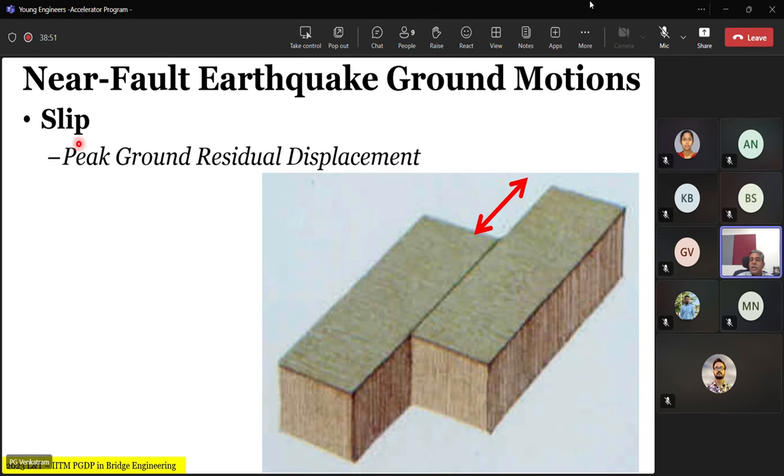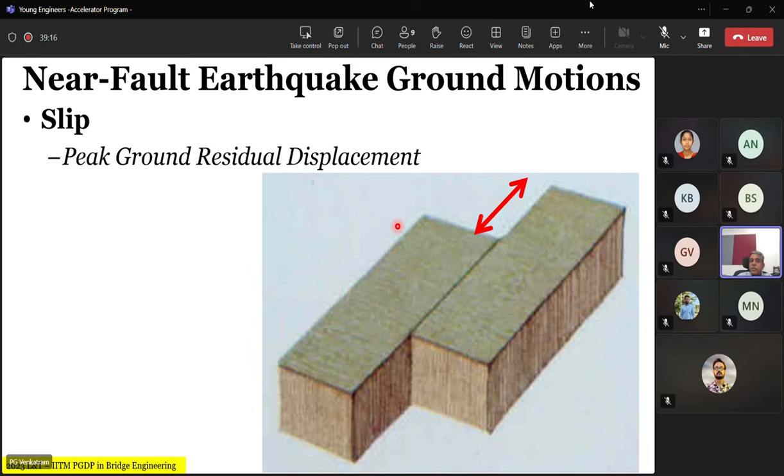Epicenter could be at some depth, meters or kilometers below ground, but close to the location where the ground relatively slips, that is where you will see the significant impact of the near fault ground motions.